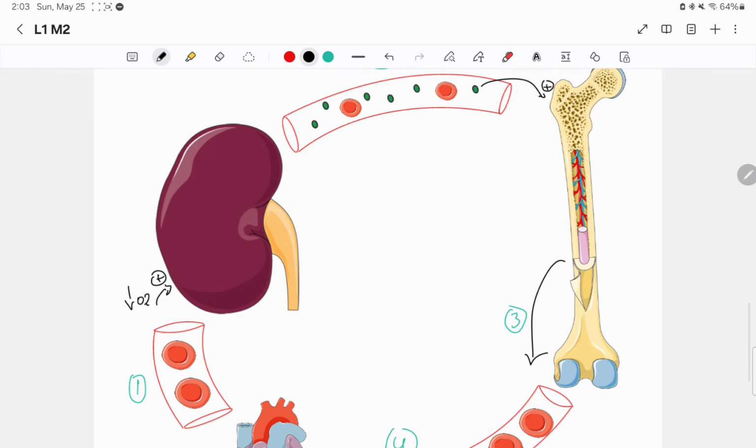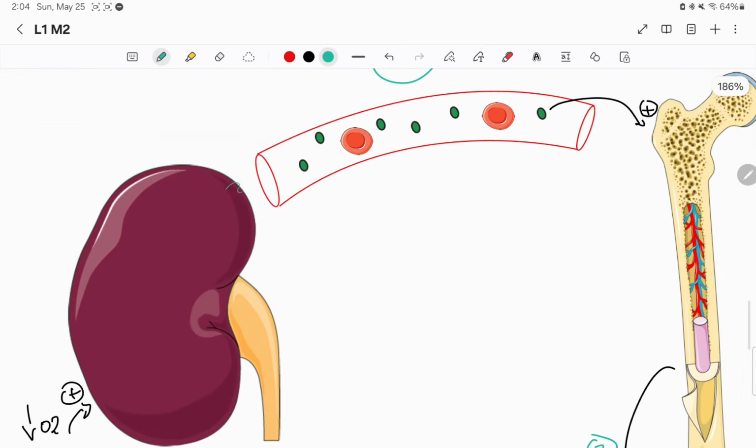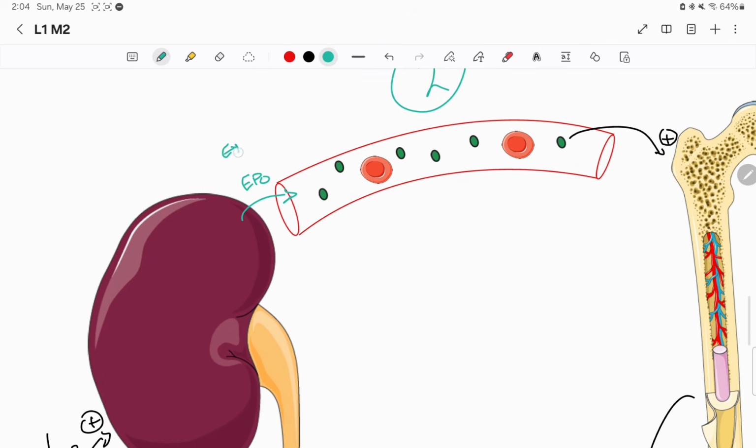And when they sense this, the kidney starts to secrete a specific molecule, a hormone, if you will. This hormone is called EPO, which stands for erythropoietin, okay? And erythropoietin is these green molecules.